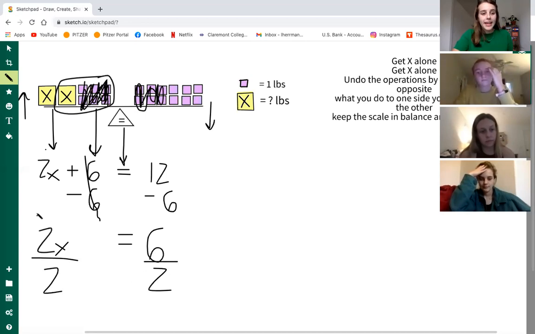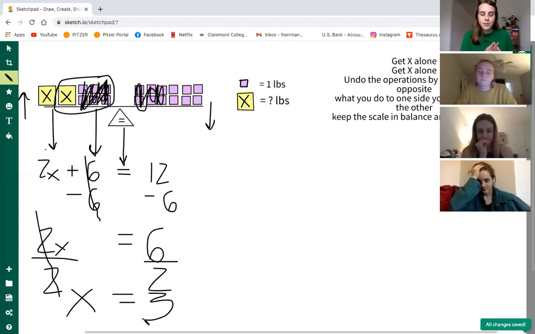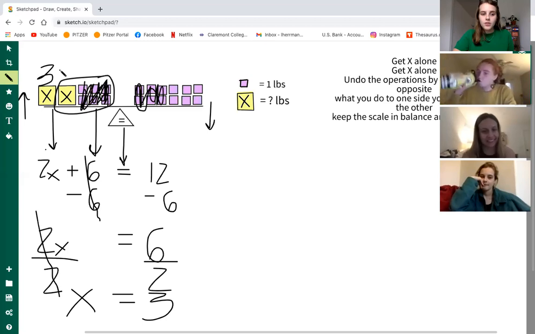Our 2's will cancel out on the left side, leaving us with a single x. That's what we've been hoping for. And then, Emma, what's 6 divided by 2? 3. Awesome. So our x equals 3. The weight of our x box is 3. And in order to make sure that we're correct, we can go back up to our diagram. We can write that these boxes are now 3.